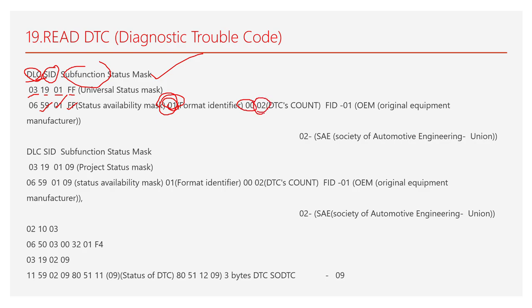I have two DTCs, and this is the field. In this field, we have to check whether the FID is 1 or 0. If the FID is 1, it is an active DTC.